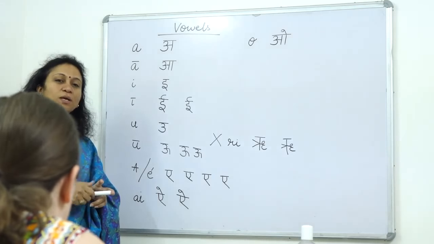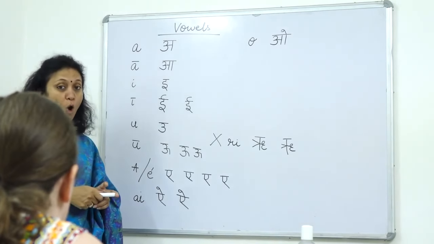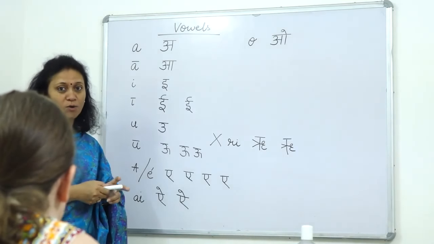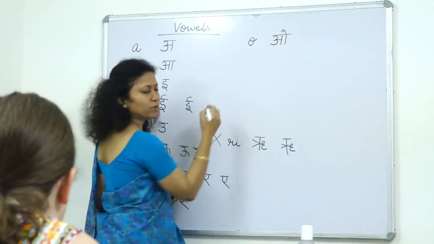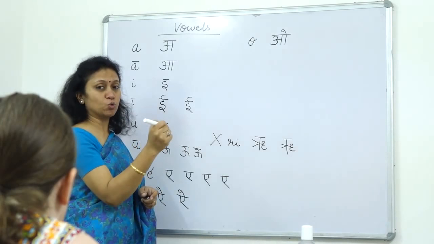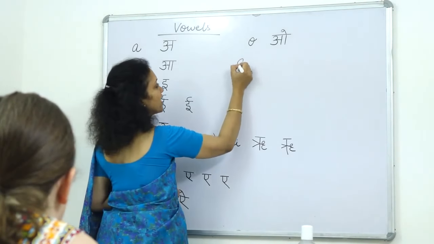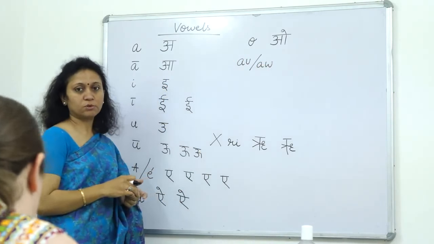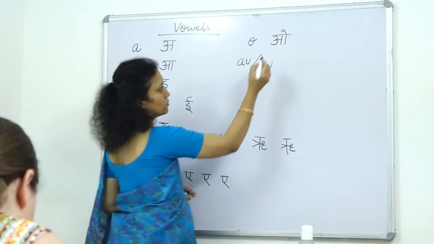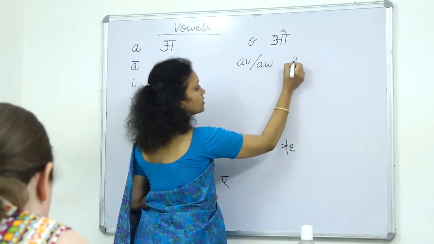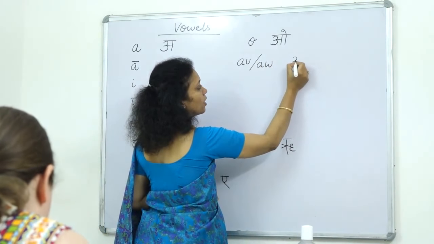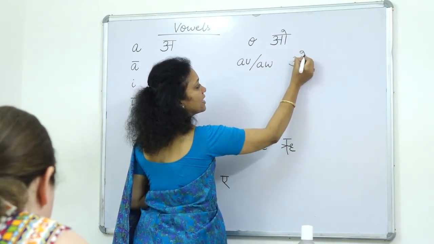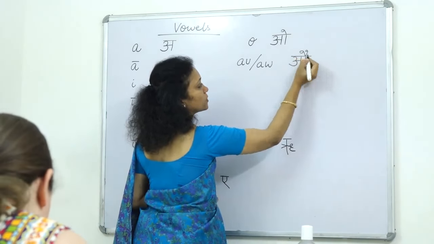So what should be the next one? O, as in saw. Right? So for the O, do you prefer writing an AW or an AU? So whether AU or AW, it's the O sound. So draw the same thing. It's again the 3, a horizontal, one vertical, another vertical, and this time 2 strings on top.